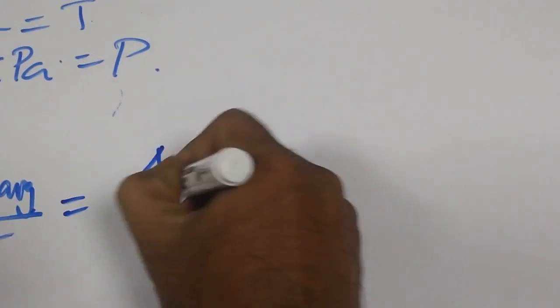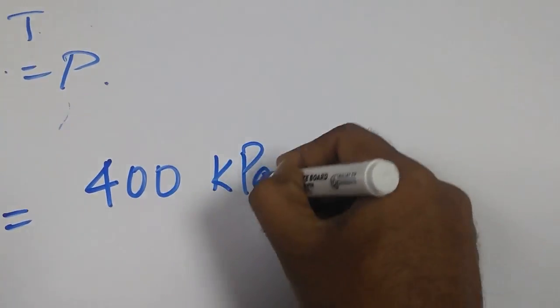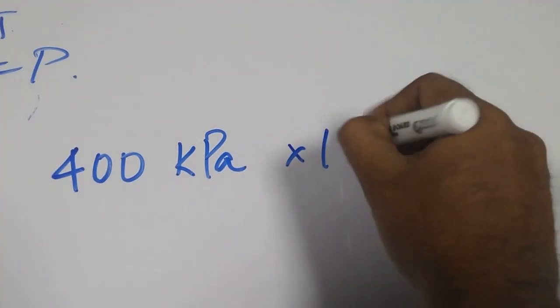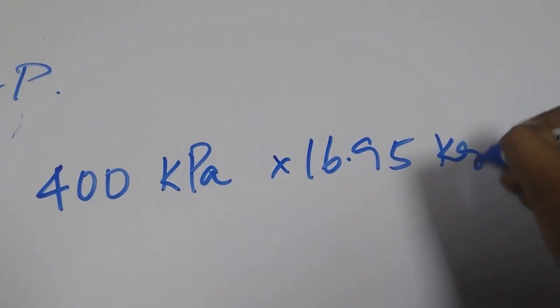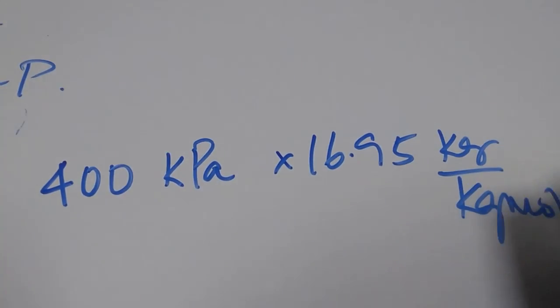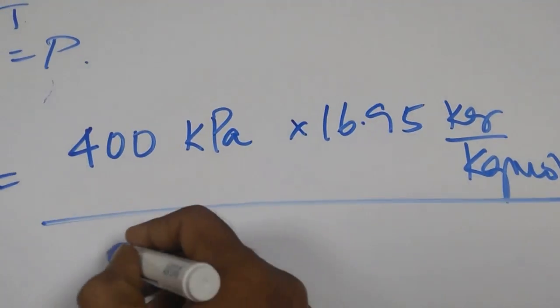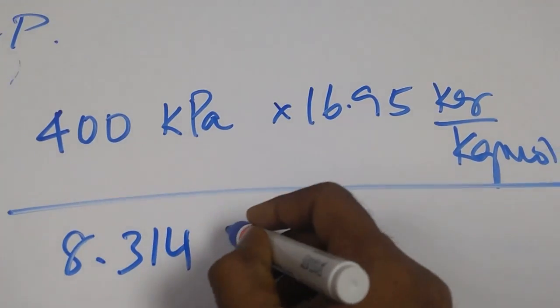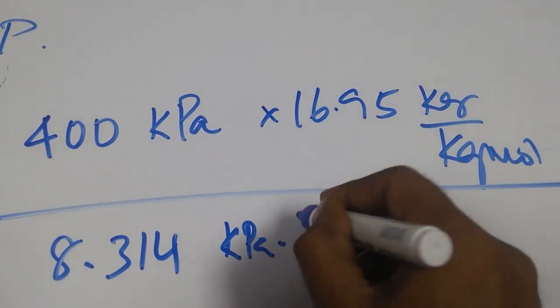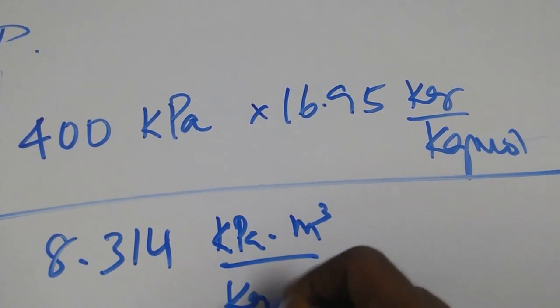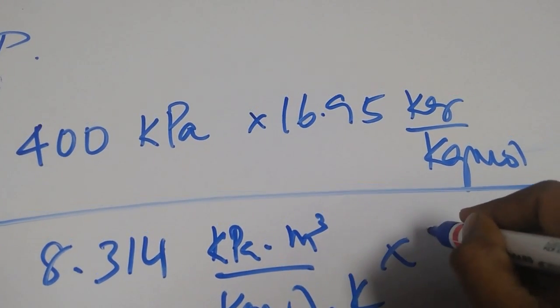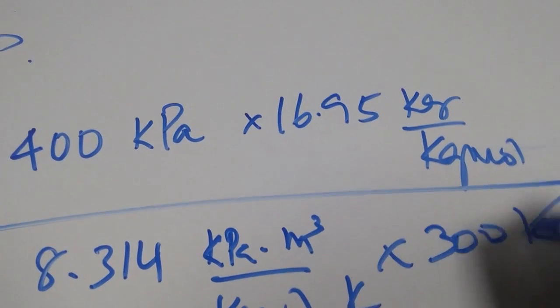So we have 400 kilopascal into 16.95 kg per kg mole divided by 8.314 kilopascal meter cube per kg mole Kelvin into 300 Kelvin.